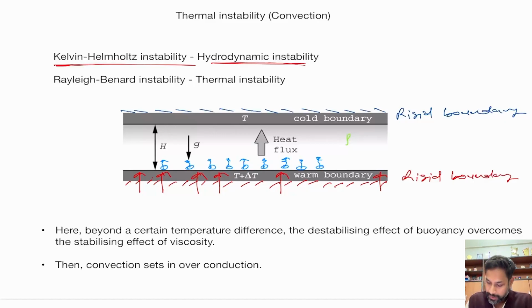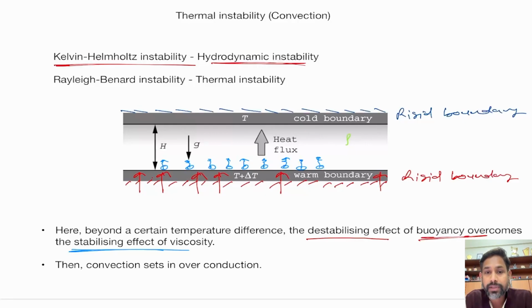Okay, so in this particular case the viscous force works as a stabilizing effect, so it keeps the fluid stable, whereas the buoyancy force makes the system unstable. Okay, and that's why this brings a destabilizing effect in the system, right?